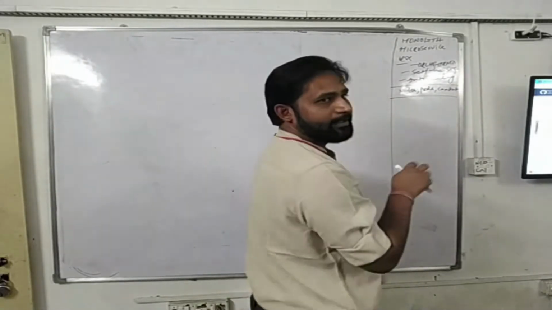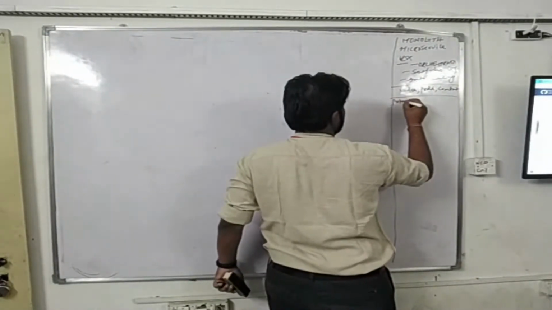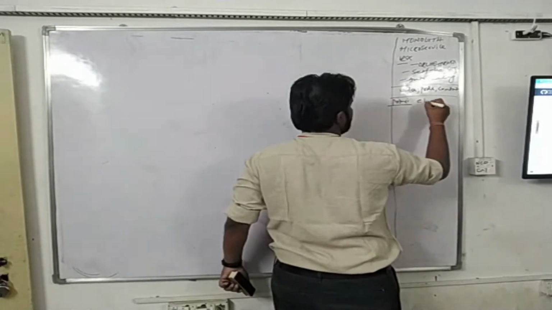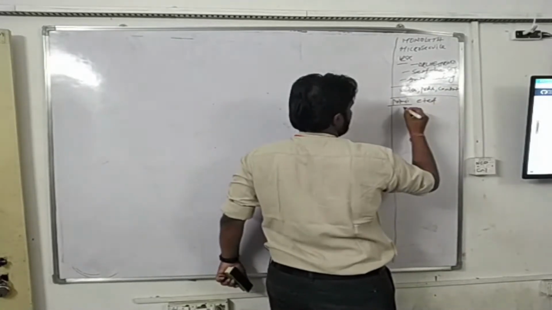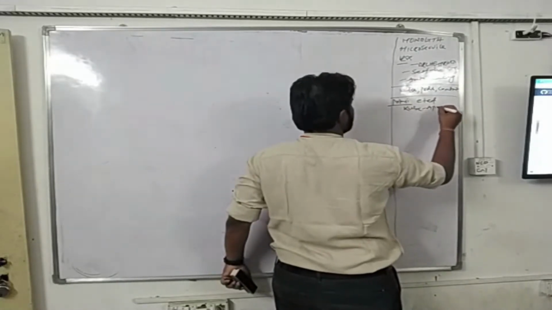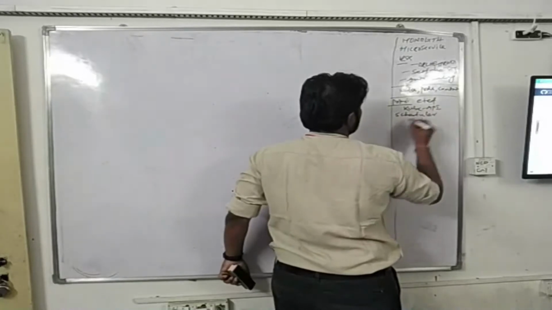Then primitives. So under primitives, we have etcd, okay. Kube API, very good. Scheduler. Controller manager.